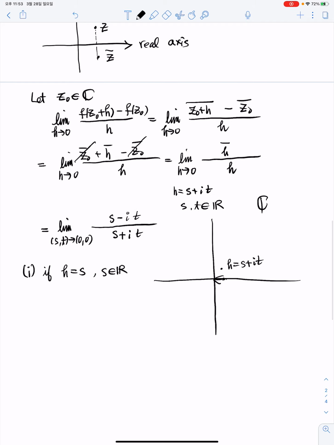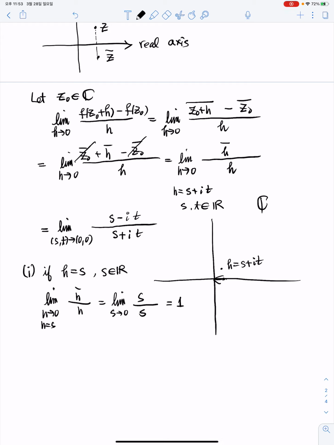Then in this case, the limit as h goes to 0 of h conjugate over h, both real, so you take h equals s. Then as s goes to 0, s over s equals 1, right?